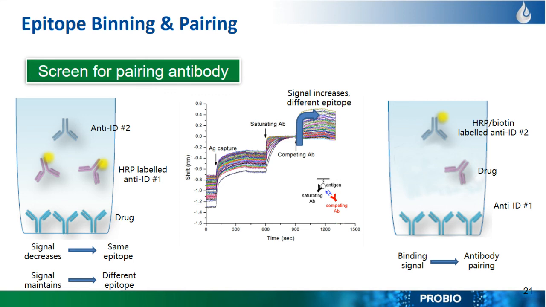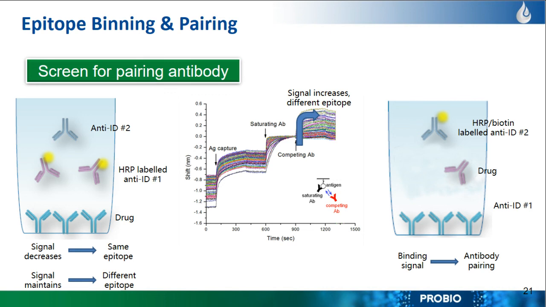Decreasing signals imply competition due to the same or close epitopes. In the Biacore method, drug IgG is first saturated with one of the anti-ID, followed by the addition of a second anti-ID. So higher binding signals suggest a different epitope.